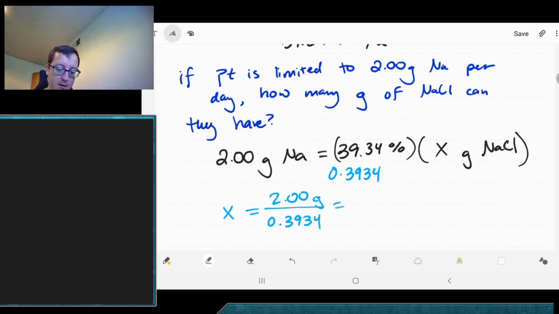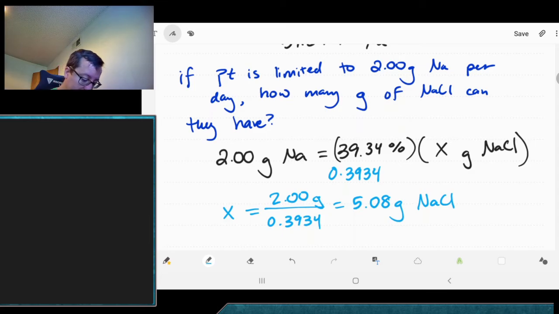Percents do not have units. Doing that, we get 5.08 grams. Grams stays there. That's the unit we had before.